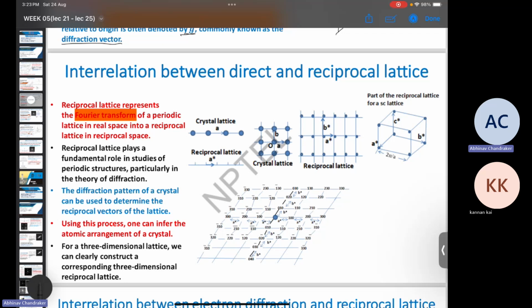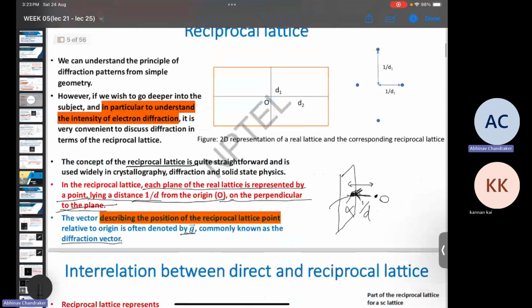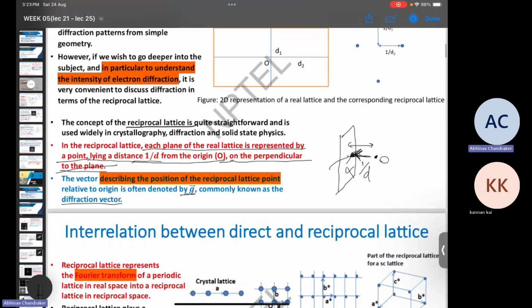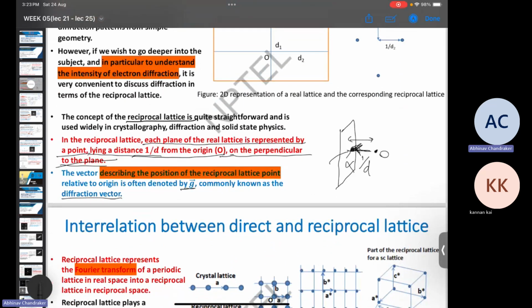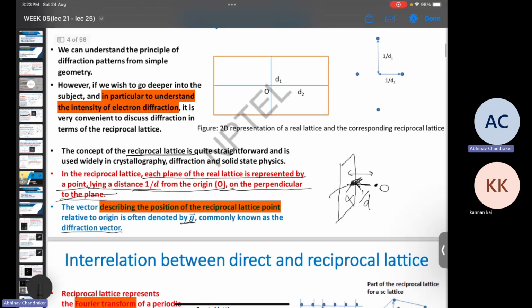Okay. So now we got some brief understanding of how we can represent a plane in this system, which we call the reciprocal space or reciprocal lattice.